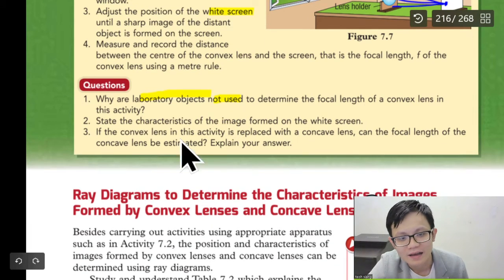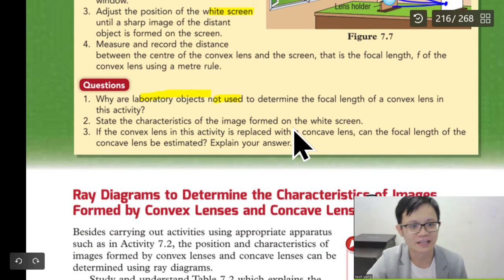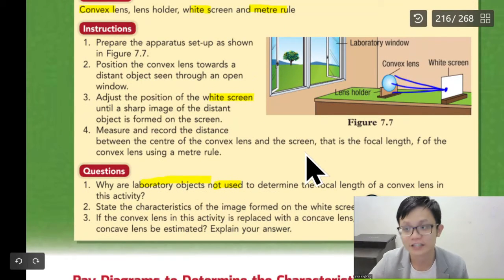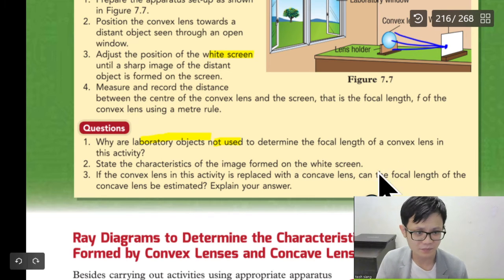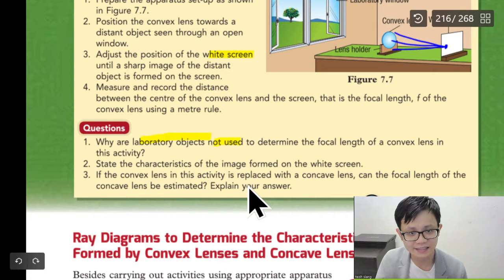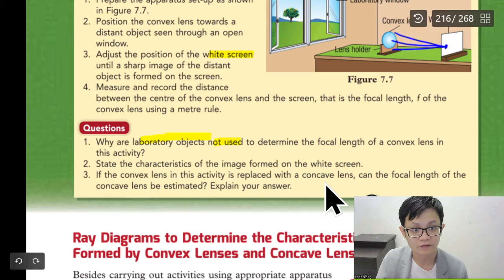State the characteristic of the image formed on the white screen. So what are the characteristics formed? Maybe you can say a sharp image. I don't know, a sharp image. A convex lens in this activity is replaced by a concave lens.